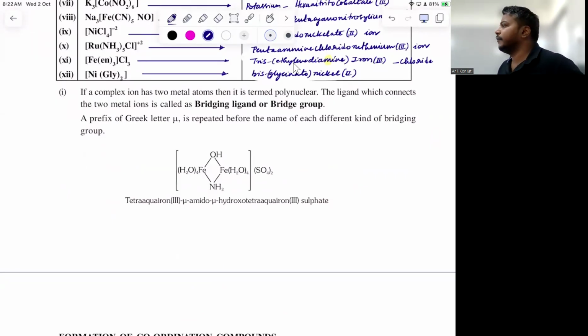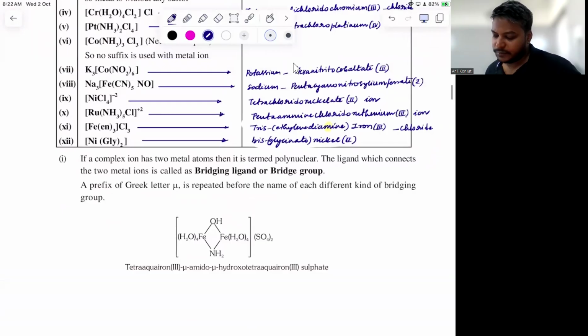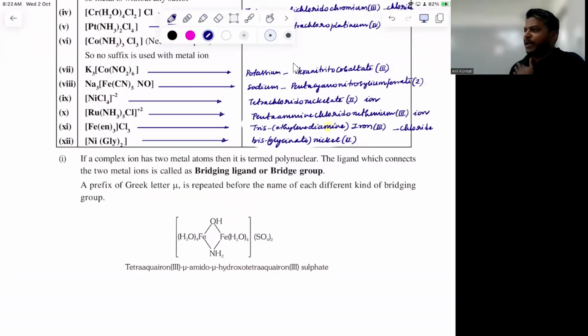Say it again. Usually, what would happen is when you have NO with strong field ligands, they exhibit NO+ more than neutral. Either way, it will have it.